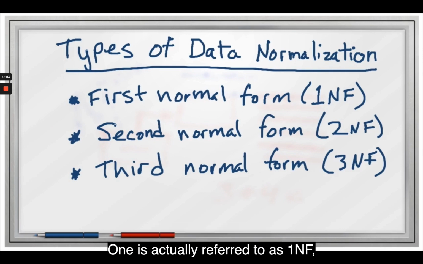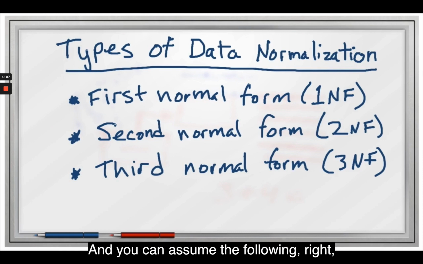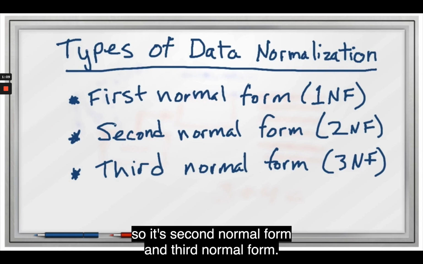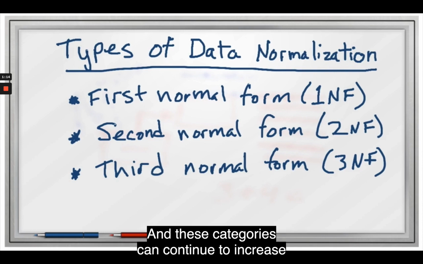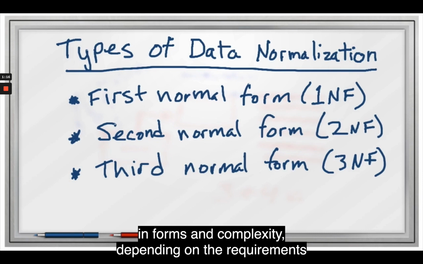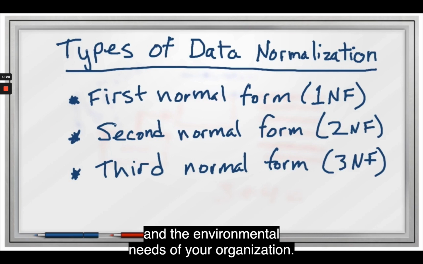One is actually referred to as 1NF, which is the first normal form, and you can assume the following, right? So it's second normal form and third normal form.